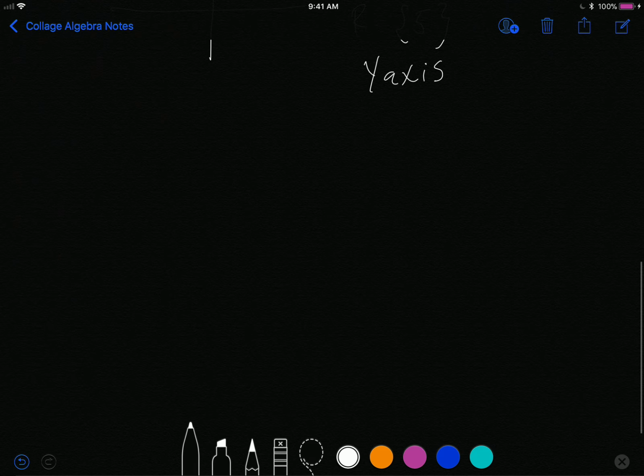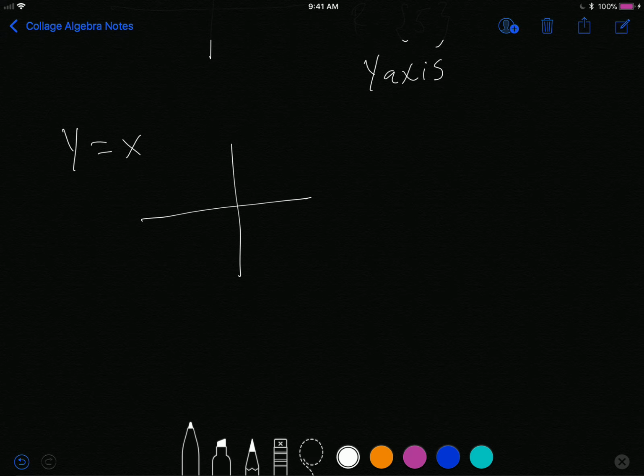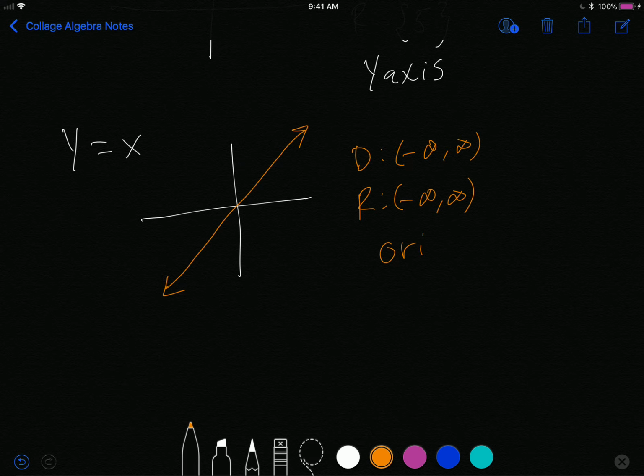And then your next basic graph right here is y equals x. That is this graph right here at a 45-degree angle. And the domain is all real numbers. The range is all real numbers. And it's symmetric to the origin.